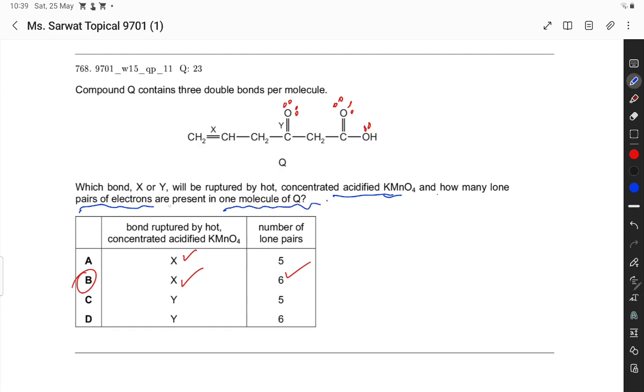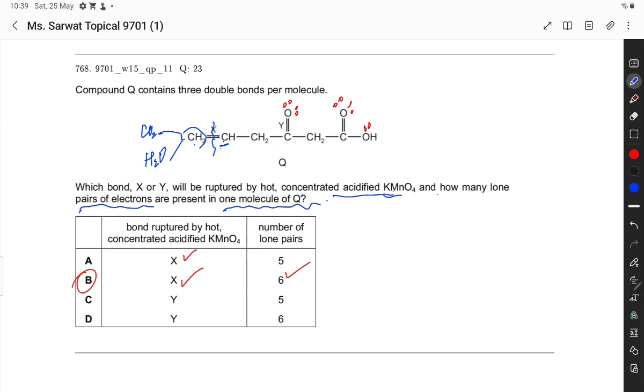So X will be ruptured, because a carbon to carbon double bond, alkene, is oxidized by hot concentrated acidified potassium manganate as well as by cold dilute acidified potassium manganate. But with hot acidified potassium manganate, this C forms carboxylic acid and this CH2 breaks down into carbon dioxide and water.